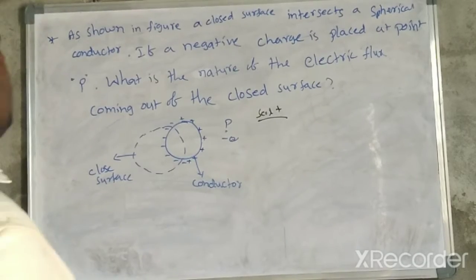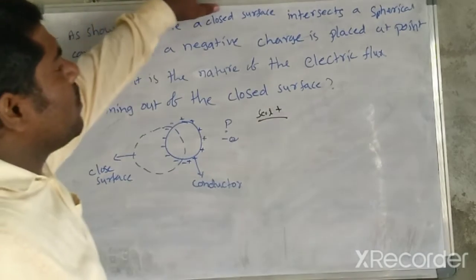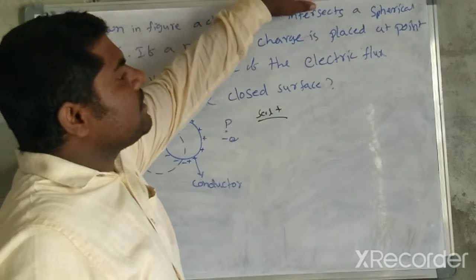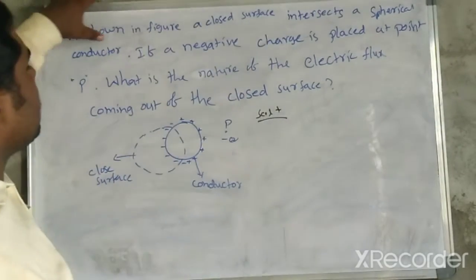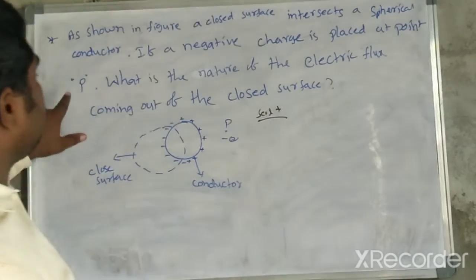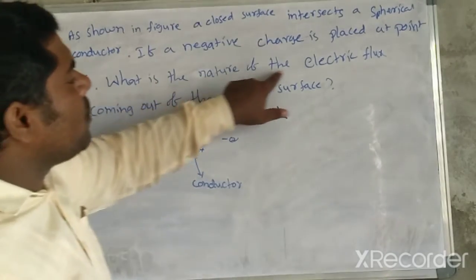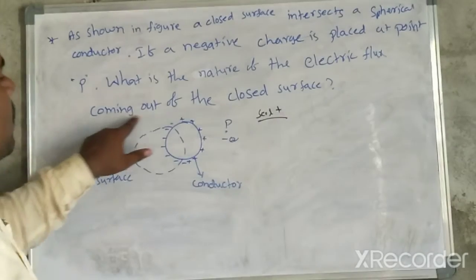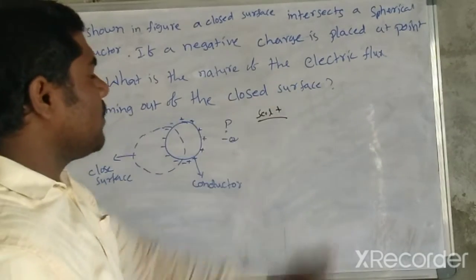Now another model. As shown in the figure, a closed surface intersects a spherical conductor. If a negative charge is placed at point P, what is the nature of the electric flux coming out of the closed surface?